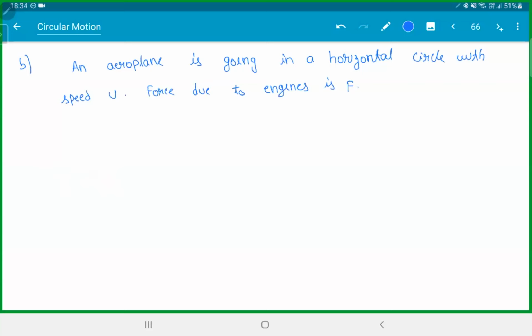So the question is, which of the following is the correct FBD? Option should be something like this.